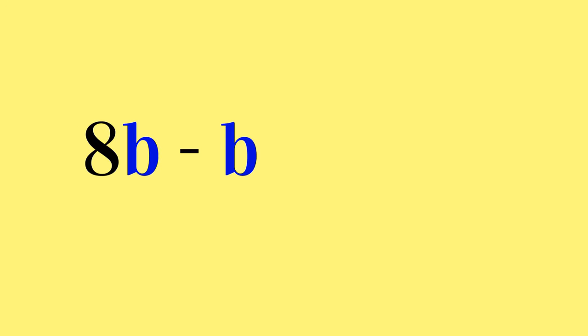Remember that when a variable is written by itself, you can imagine there is a coefficient of 1 written in front of it. Looking at the coefficients, we have 8 subtract 1, which is 7. So we can simplify this expression to 7b.